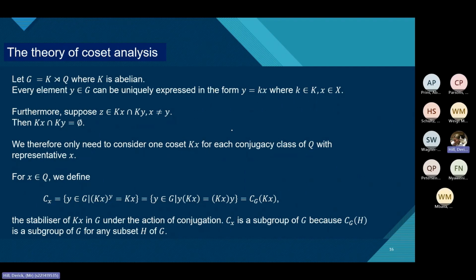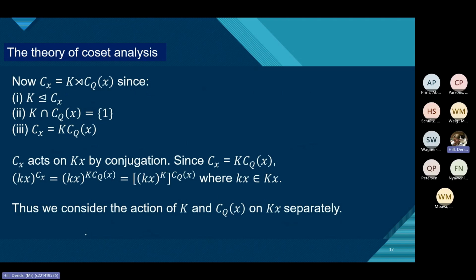For an element x in Q, we define Cx as the centralizer of Kx in our big group G. Cx is a subgroup of G because the centralizer in G of any subset of G is going to be a subgroup of G. Since this is a subgroup of G, we can act this on our Kx by the action of conjugation.